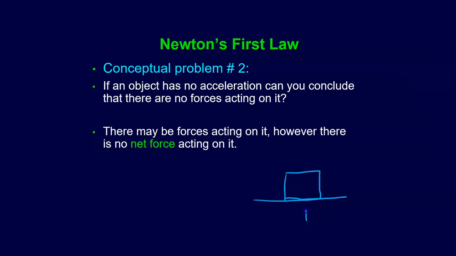There's going to be a force up from the table, which we usually call the normal force, and then there'll be the force due to gravity from the earth, F of G, for force of gravity. And what happens in most cases is these two forces balance out. And so on this box there is no net force, and so there is no acceleration on this box. But of course there are forces acting on it. So these are some things that can be a little bit tricky about this first law.